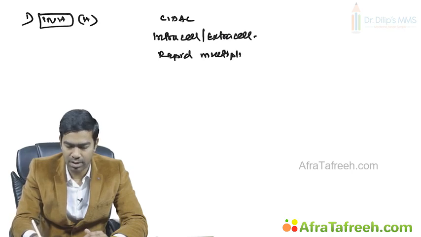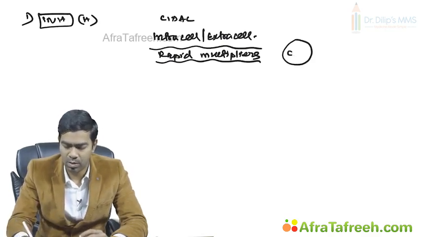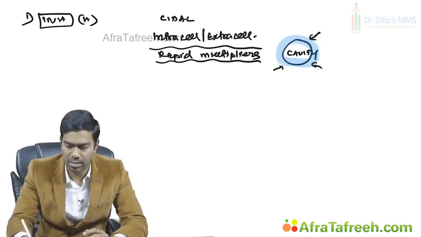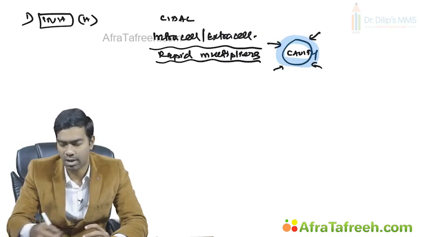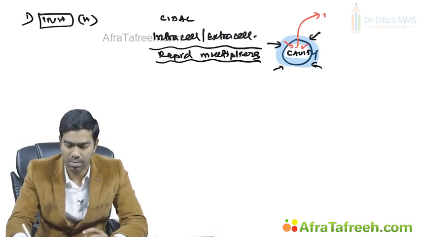Isoniazid is especially effective for this group of bacteria called rapid multipliers, which are typically located on the wall of a cavity. This is the wall of a cavity, and in the wall of a cavity, there will be a lot of bacteria that will be rapidly and actively multiplying, and that is the one that is going to come into the cavity and get expectorated and makes the patient infectious.